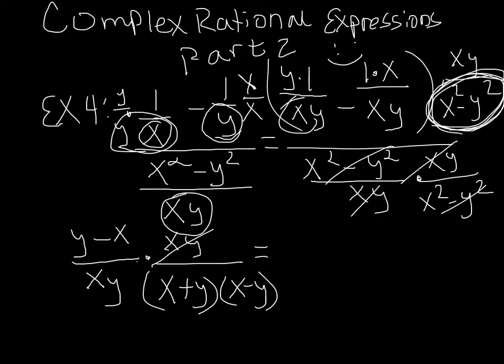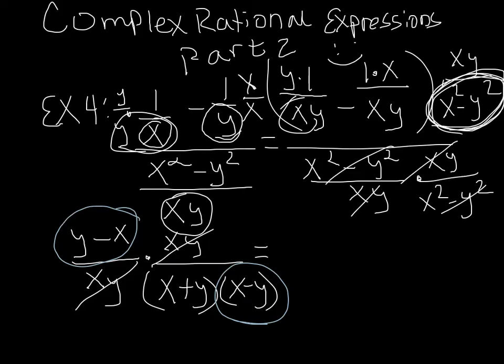So I have xy over xy. And now, hopefully you see something. You're like, I might be able to cancel out something. It seems like I should be able to do something with this and this. If you see that, you're absolutely right. What that simplifies down to is minus 1.